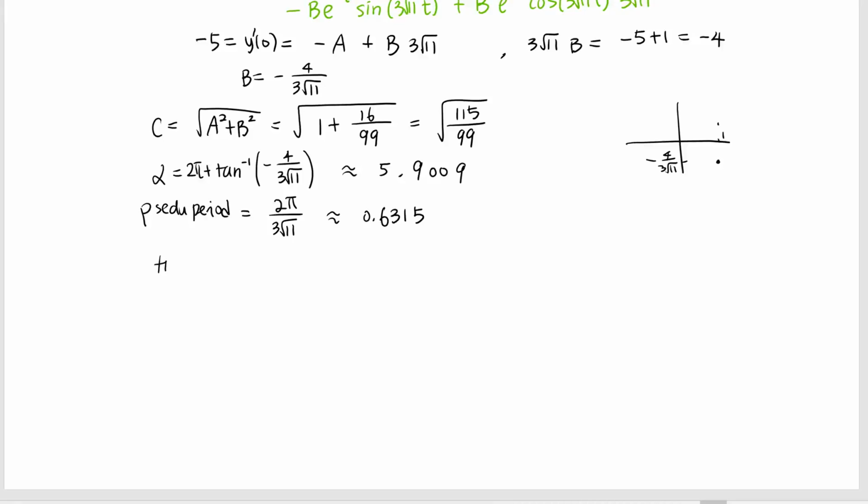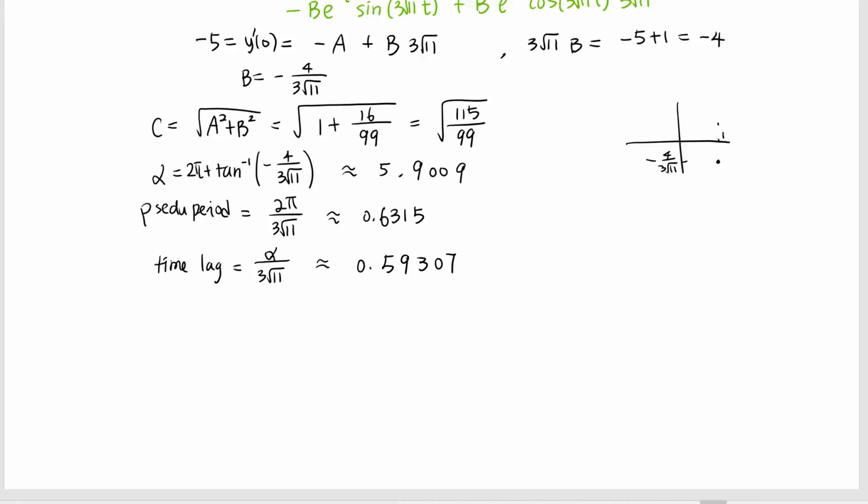Okay, and then the new time lag is the alpha over the omega 1, which is 3 square roots of 11. So my alpha divided by 3 and divided by square root of 11, I got 0.593067.